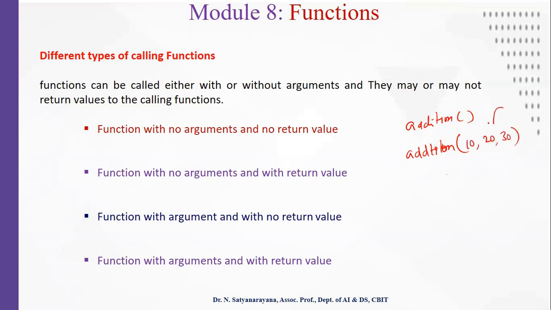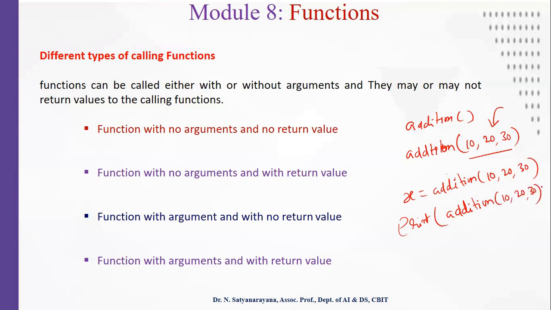You can pass the parameters over there, and you can return the result also, in the sense you have to call the function, like addition. Or else you can straight away use a print statement, where within that print statement you can also pass the function as an argument. So that also will print.